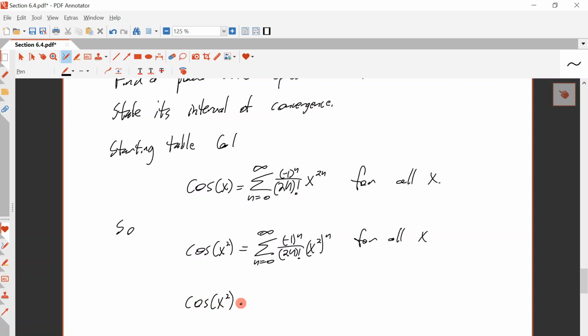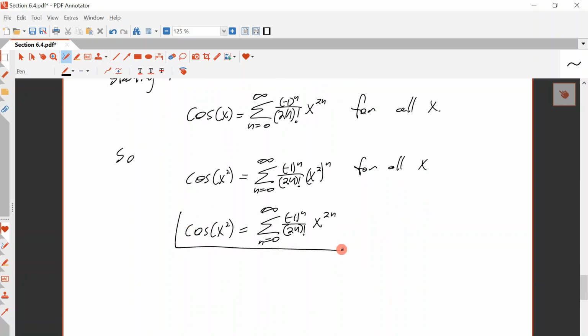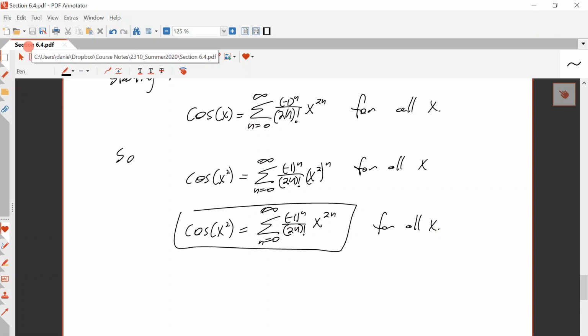So you don't want to leave it like that. What you want to do is write it like this: x to the 2n. Alright, now consider this power series representation for cosine x squared, and that's for all x. Okay?